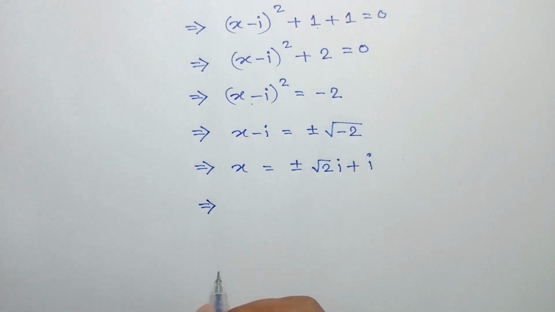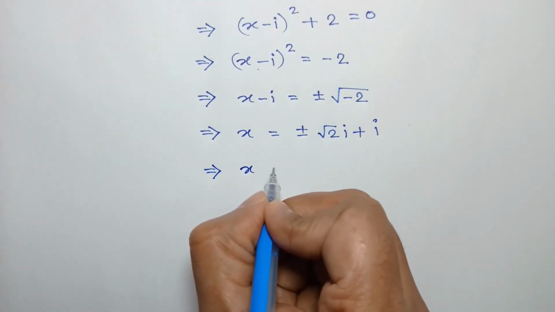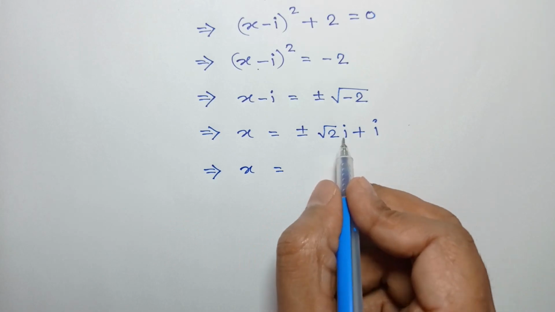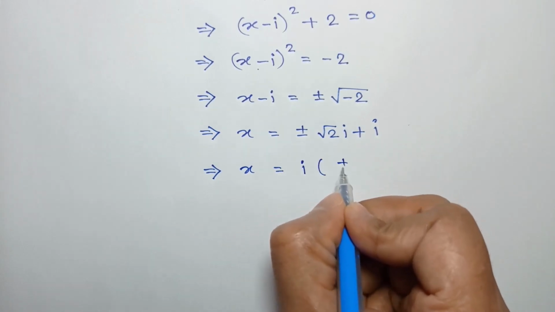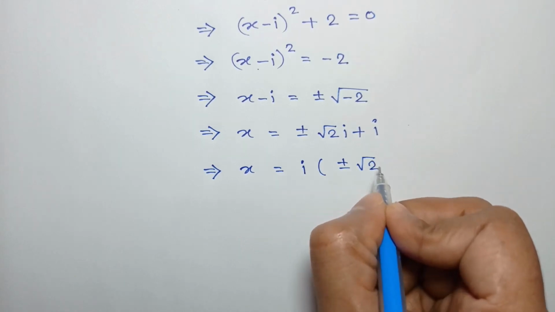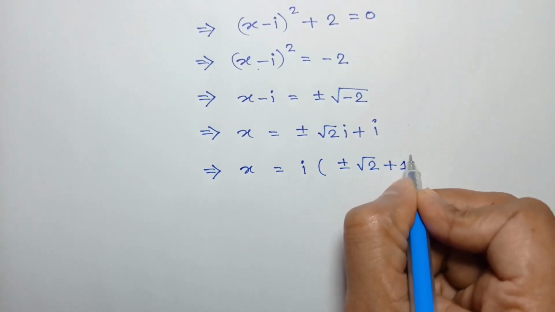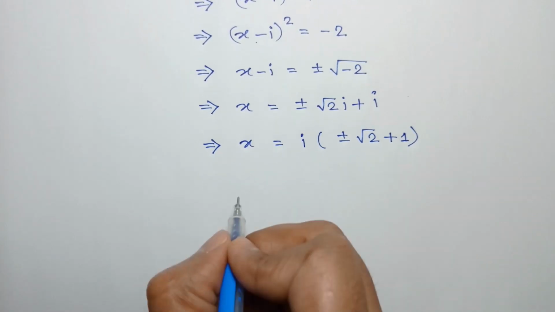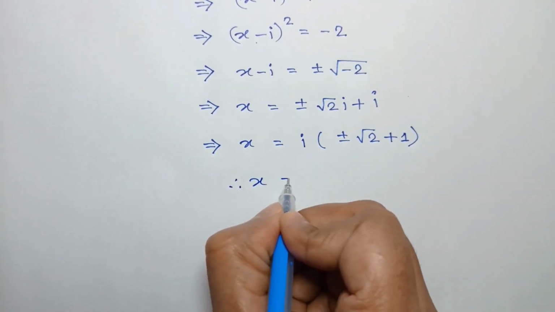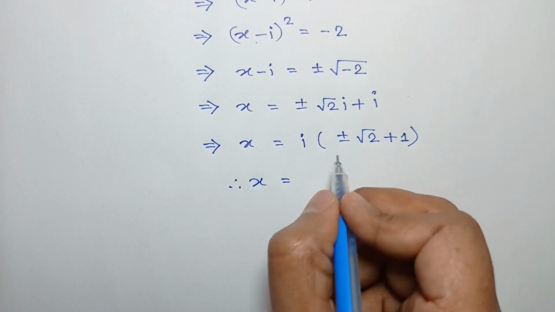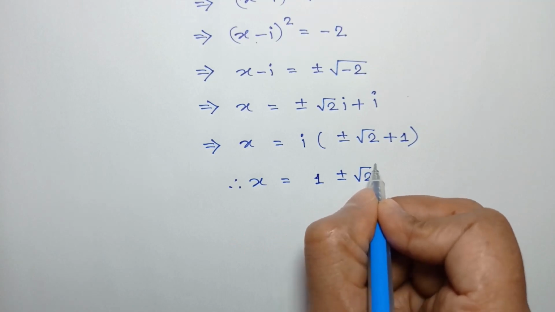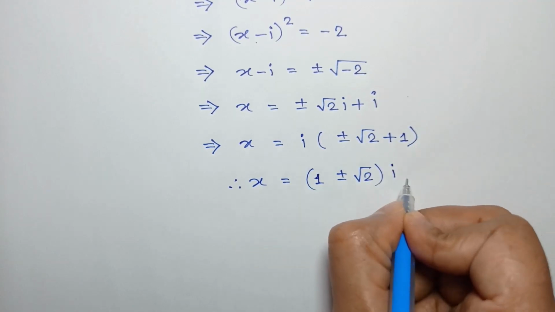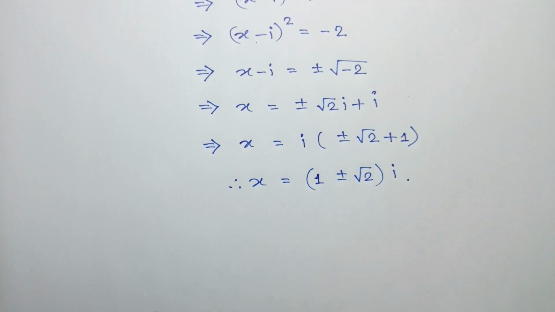Or x is equal to, taking common i, we can write i times plus or minus square root of 2 plus 1. So the value of x is equal to, rearranging it, we can write 1 plus or minus square root of 2, times i. So this is the value of x.